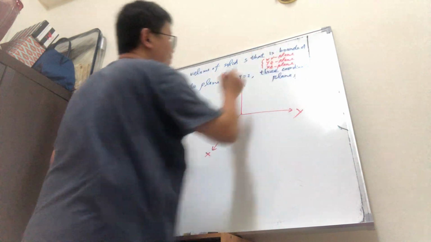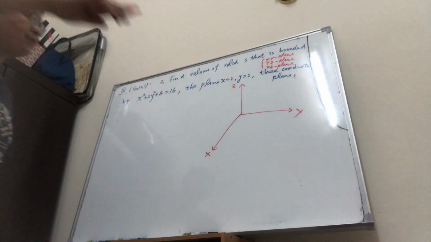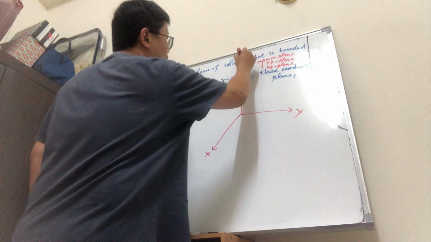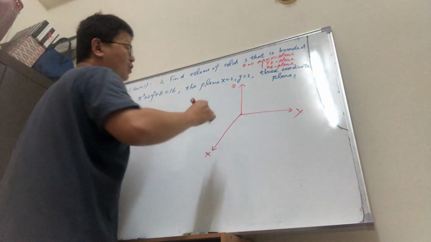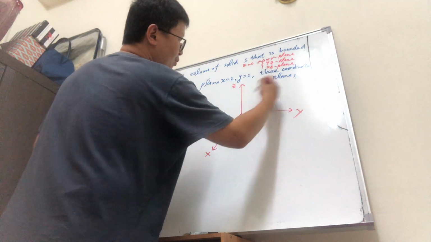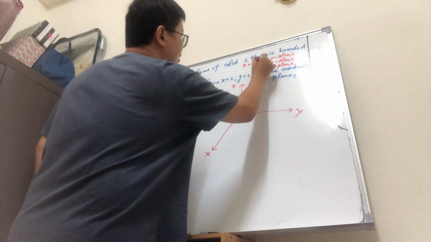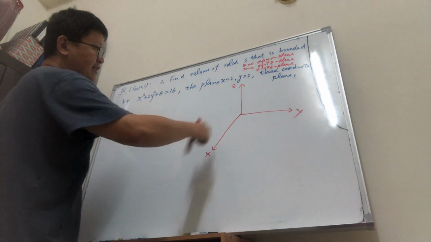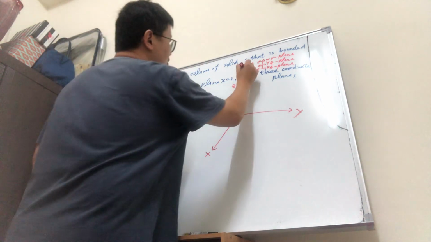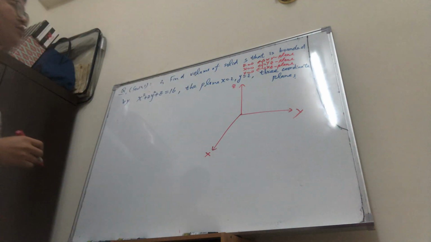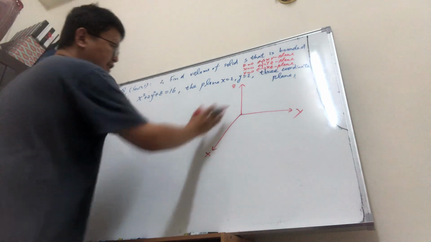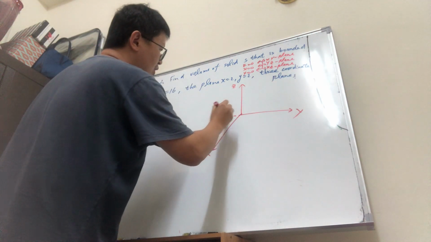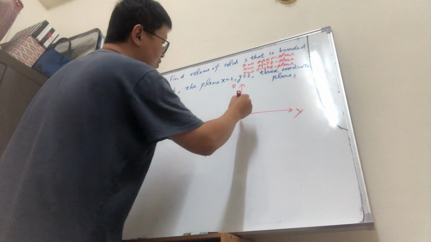The xy plane means that its z value equals 0. The yz plane means that x equals 0. And the xz plane means that y equals 0. So we have x equals 0, y equals 0, z equals 0.